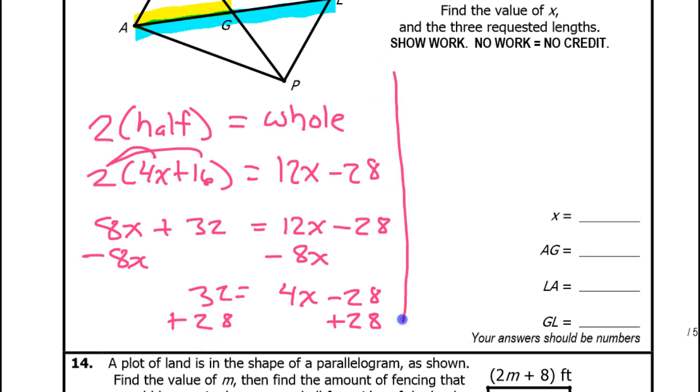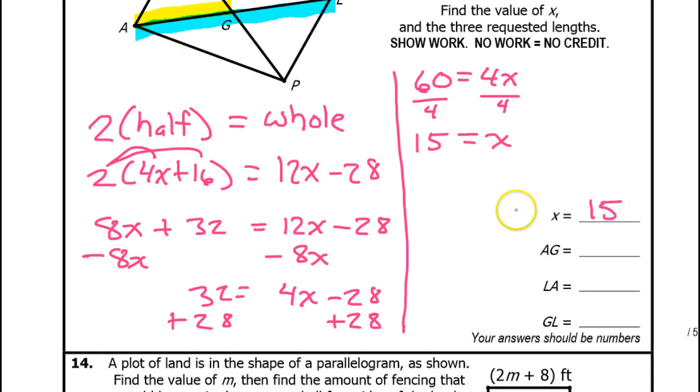So now I have 60 is equal to 4x. So of course I will divide both sides by 4, and that's going to give me x is equal to 15. So x is equal to 15.